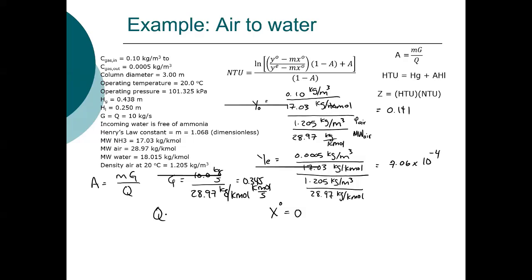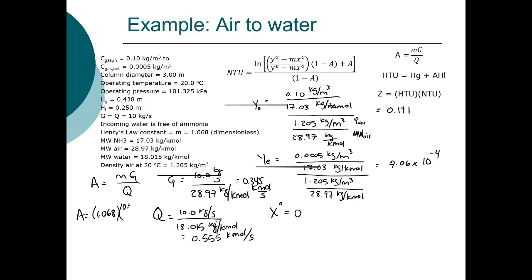Q is equal to 10.0 kilograms per second, and we're going to divide that by what? We need that in kilomoles per second. So we'll divide that by the molecular weight of water, and that is equal to 0.555 kilomoles per second.